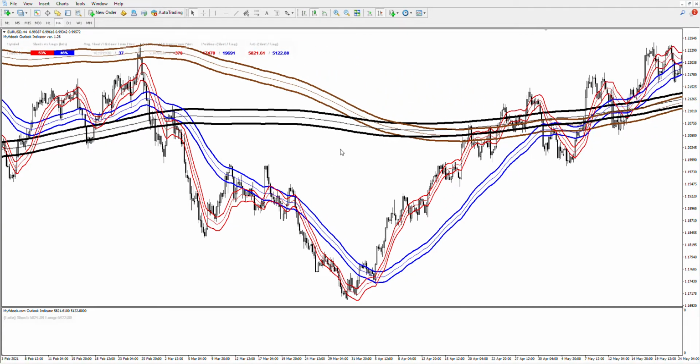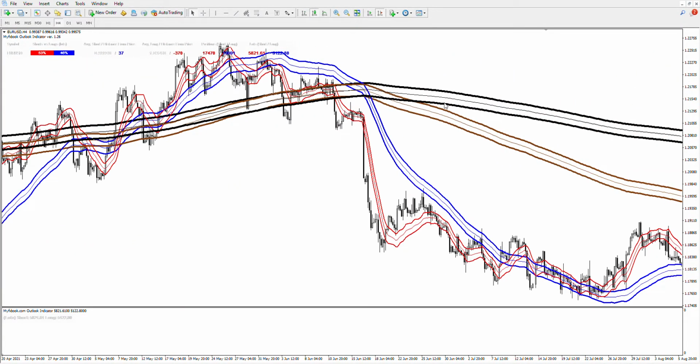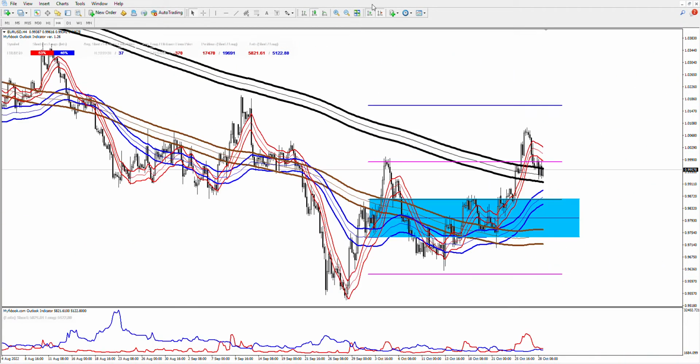But then for targets you can use Camarilla pivot points, not Fibonacci. Here we have monthly Camarilla, monthly open range. We see price went to where? To the reversal level, the pink line, which is the reversal level R3 Camarilla high 3.